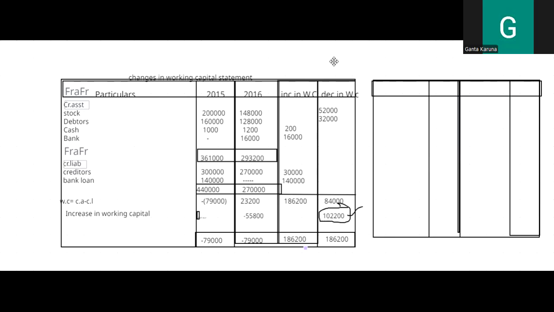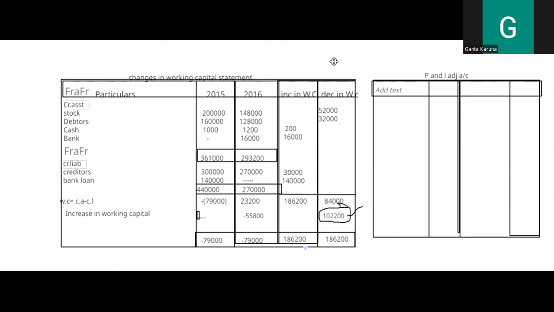So this is my P&L adjustment account. Here it is particulars, amount.